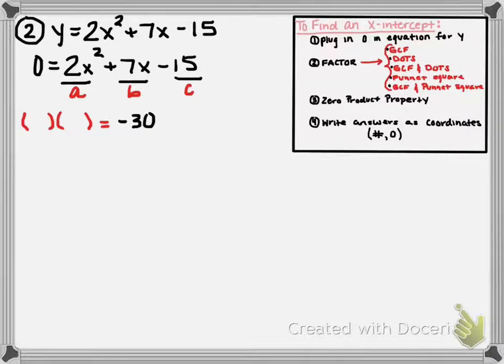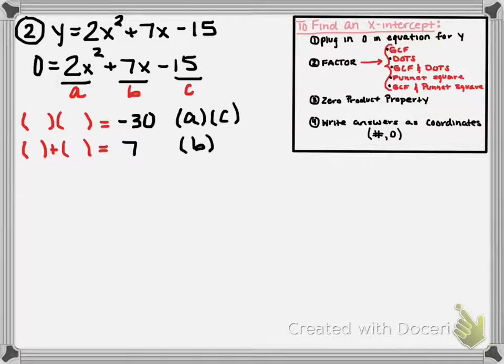And we want those same 2 numbers that we find to add to B, which is the number 7. And I'm just going to write next to them that 30 is A times C, so you know where that came from, and 7 is just your B, so you know where that came from.